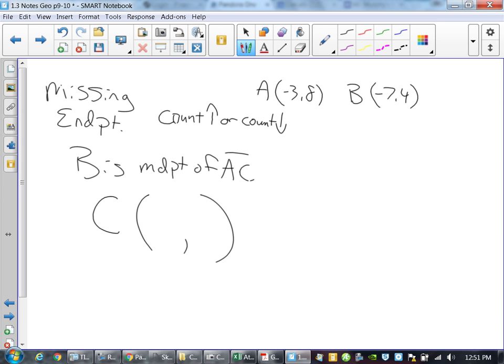So it'd be at -11. And then from 8 to 4, are you going up or down? Down. How many? What's 4 less than 4? Missing endpoints are the quick ones. That's the easiest of them all. Just count up, count down. That's all you do.